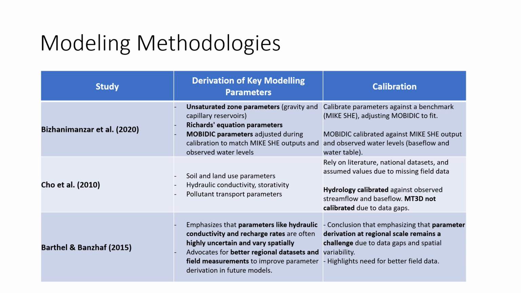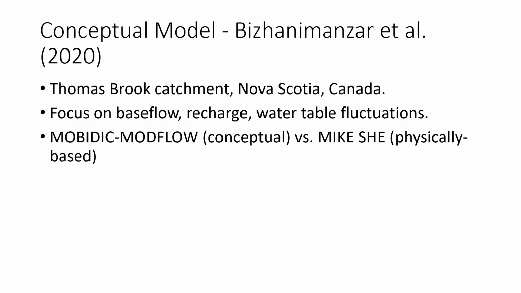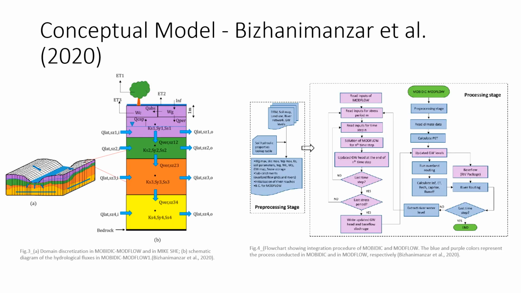But mainly the conclusion is that parameter derivation at larger scale remains a challenge due to data gaps and spatial variability. This article highlights the need for better field data regarding the conceptual models.